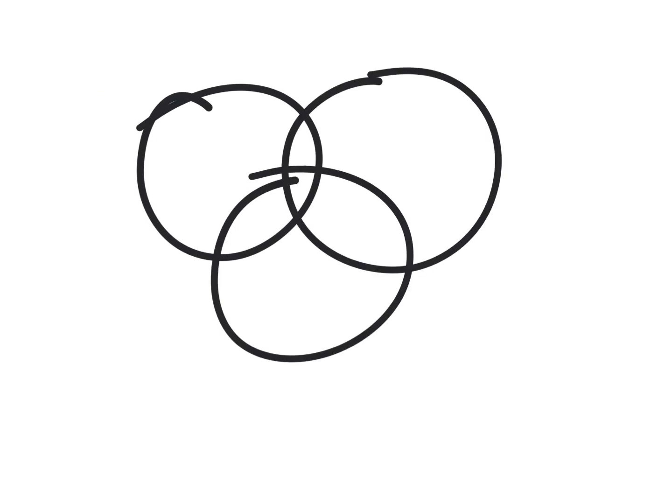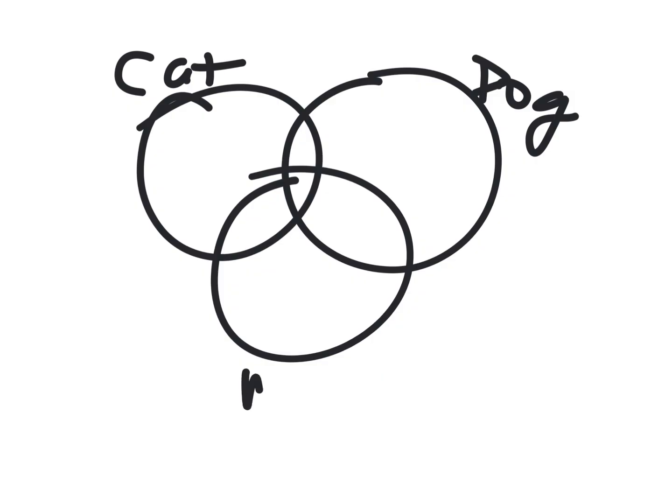Next kind. You definitely have triple Venn diagrams. Please copy this down. It'll go fairly quick. Cat, dog, and mouse. And these are kids that have a cat, a dog, or a mouse as pets.